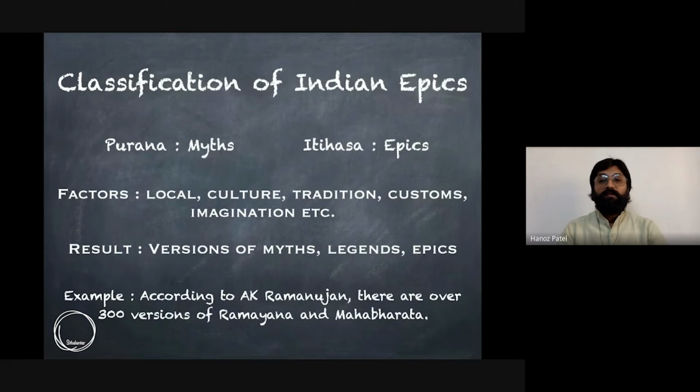Regional, local elements can come, culture and tradition can impact them, customs, imagination, of course, who is telling that story, how is the story presented, and so on. And what is the result of all these factors? This is how we get versions of myths, legends, and epics. According to A.K. Ramanujan, there are over 300 versions of Ramayana and Mahabharata, right?